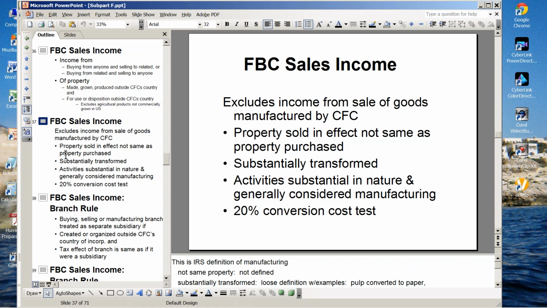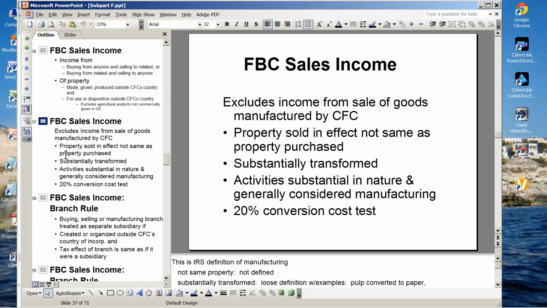The regs are kind of vague on what this means. Clearly, the writers of the regs had something in mind here, but it's hard to tell what it is, especially in view of the next test, that the property has been substantially transformed. I view these 2 as slight variations on the same thing.